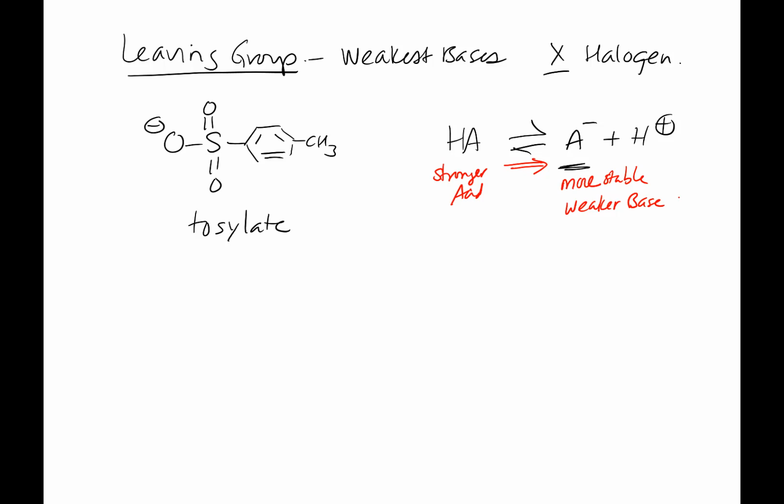So tosylate is a really good leaving group because it is a really lousy base. Why? Because it's very stable because of resonance.